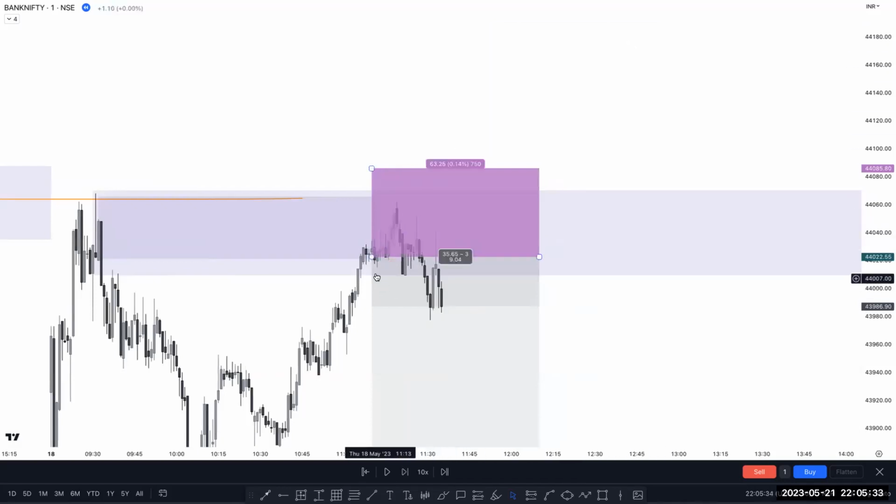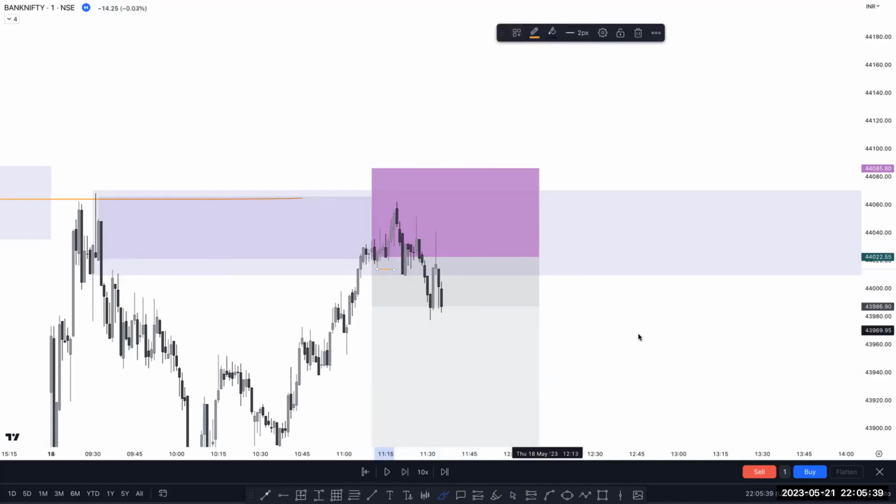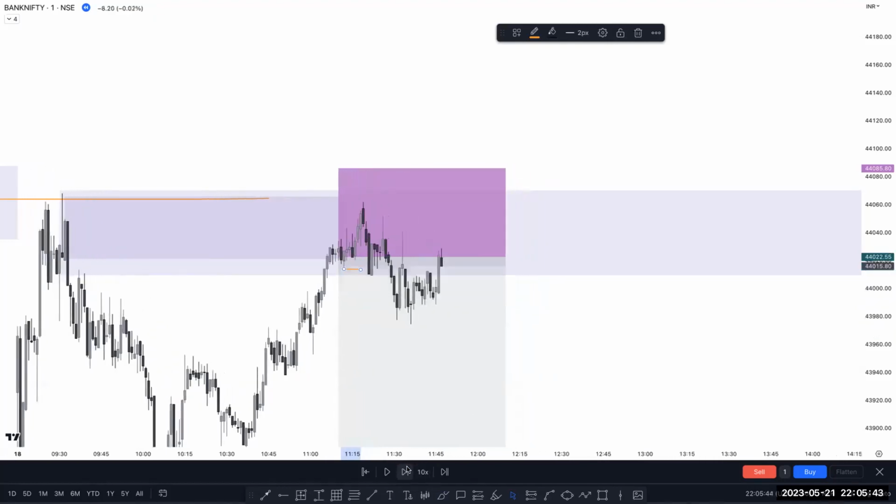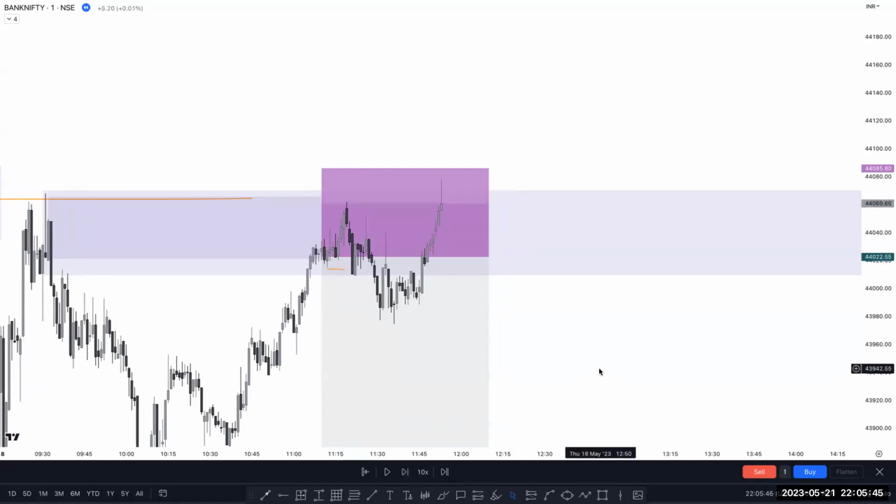No, sir, this is not chalk. Chalk happens here at this point. Chalk pushes downside and creates a complete structure change here.